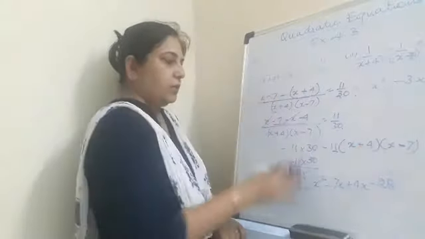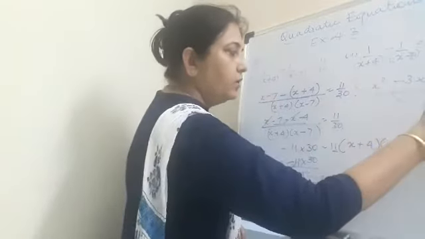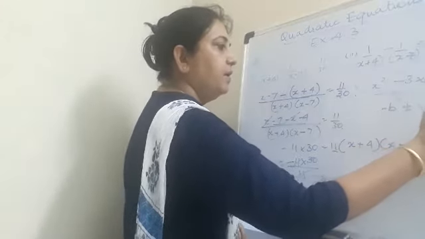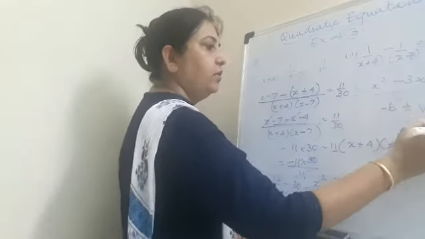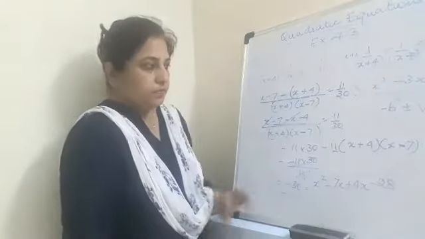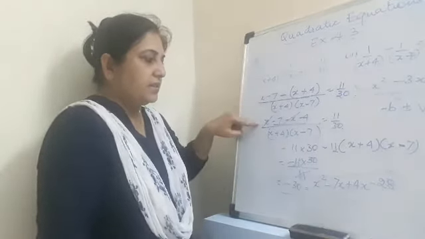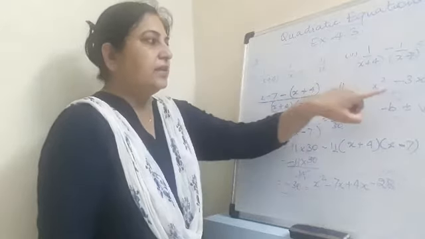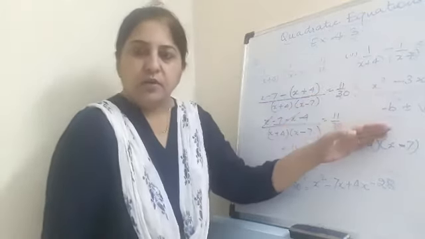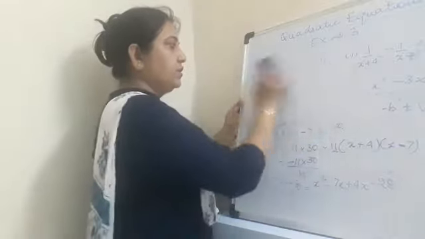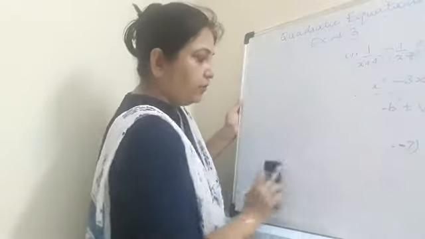So when we solve the equation and get it in quadratic equation form, then we apply the formula minus b plus minus square root of b square minus 4ac upon 2a. So it is clear to you. Solve this carefully, no mistakes in between, complete this till here, then apply the quadratic formula. So this completes your question number 3. You can find the answers and check from the book.